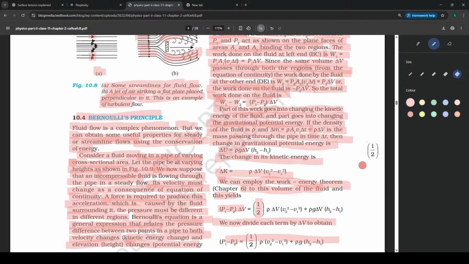From this we get mass to be rho delta V. It is the mass passing through the pipe in time delta T. Basically, for the equation of continuity, we only needed to use this relation.